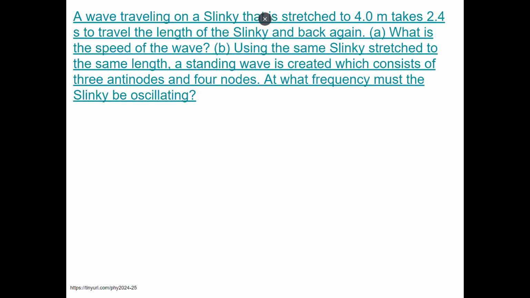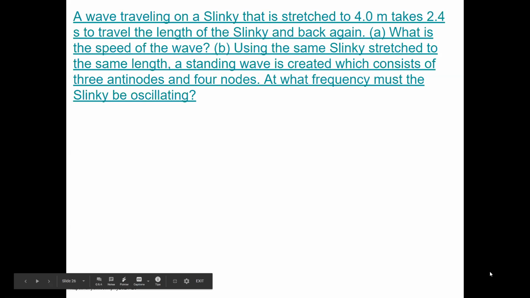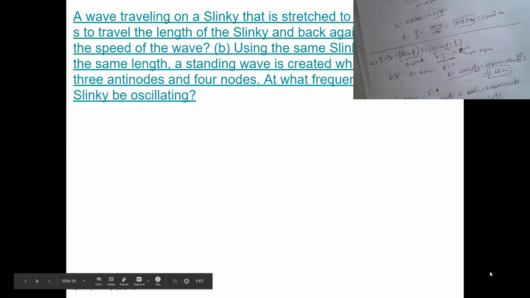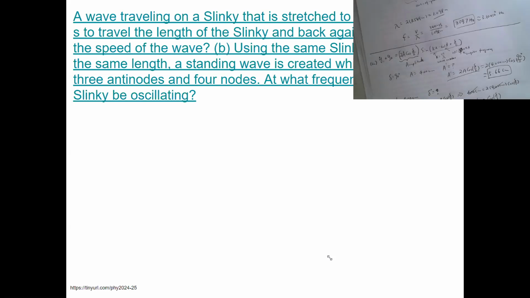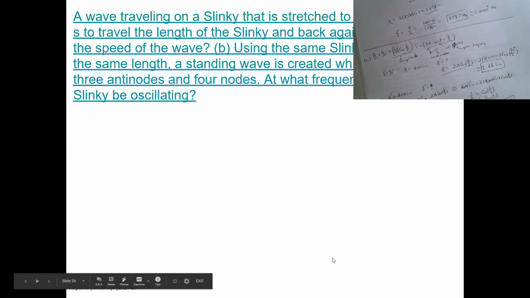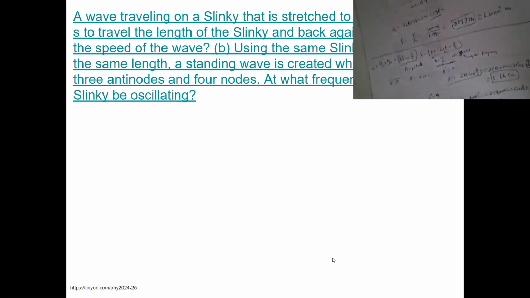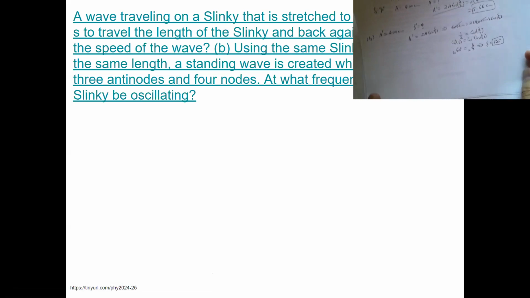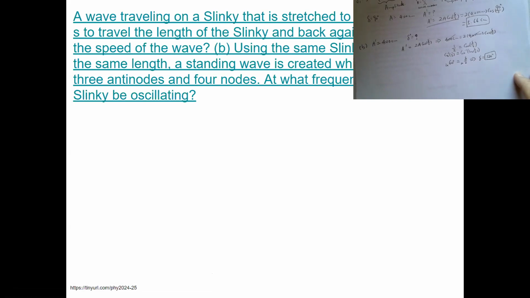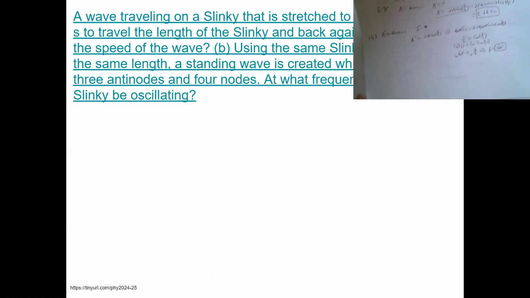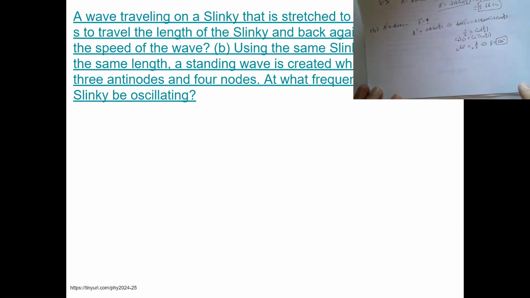For the speed of a wave, there are several ways of calculating it. You can do frequency times wavelength, but in this case you are not given frequency or wavelength, so we rely on other knowledge we learned before. It gives you the distance and the time, so we can use what we learned in kinematics: velocity equals distance divided by time t.